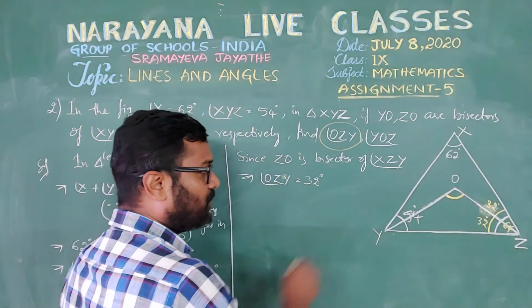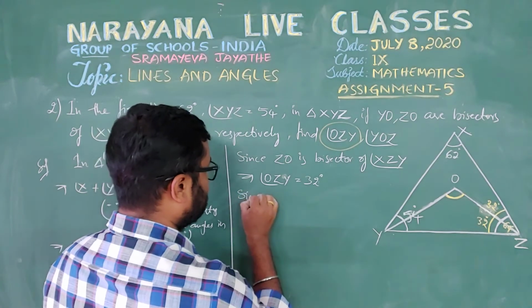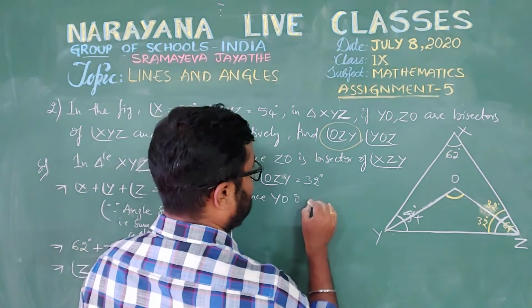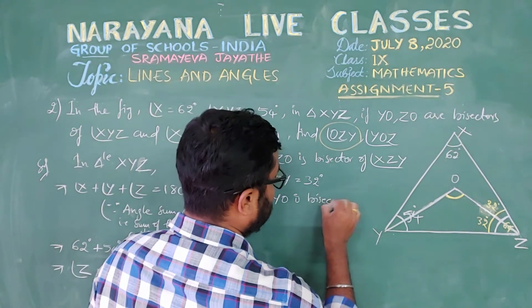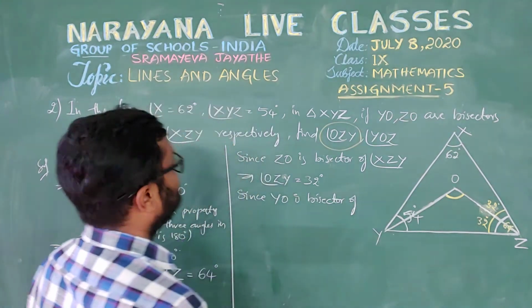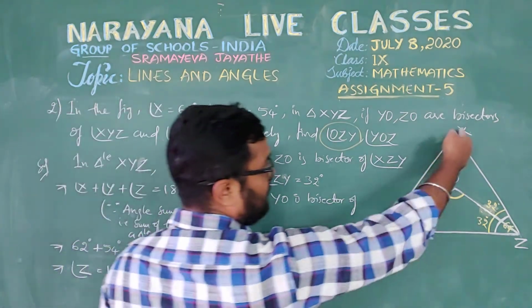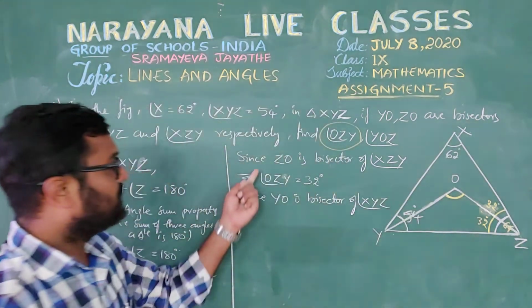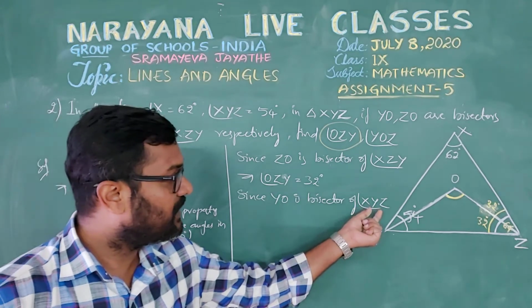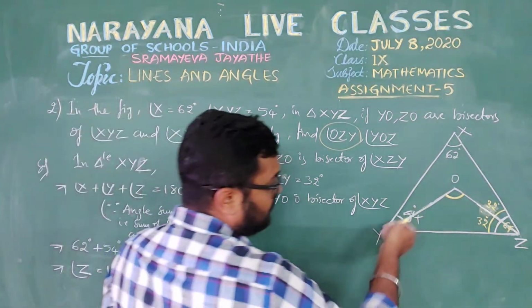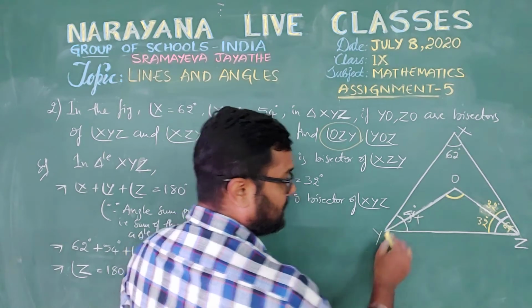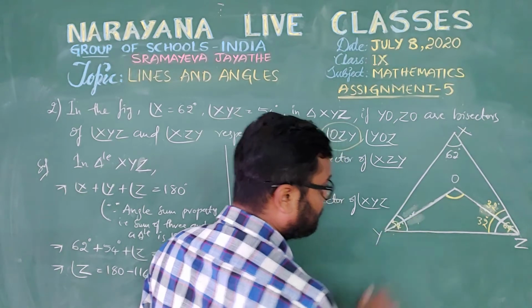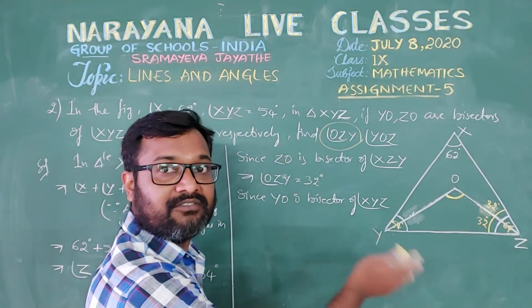See here, if you observe this also, since YO is the bisector of angle XYZ, then this 54 degrees angle is bisected into two equal angles.